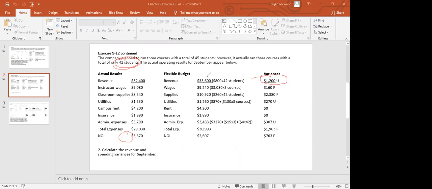Because you should have made how much? 33,600, but you actually made 32,400, which is the difference of $1,200. So remember, flexible budget is kind of ideal thing, what should have happened at the actual activity. But what actually happened is you made 32,400.